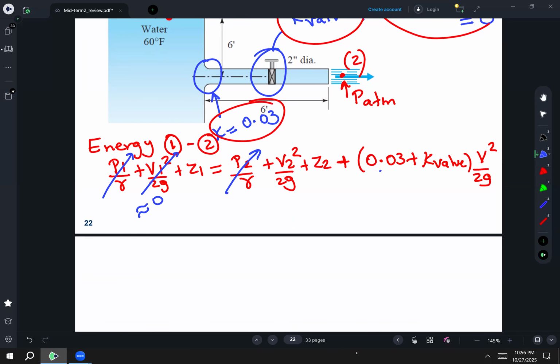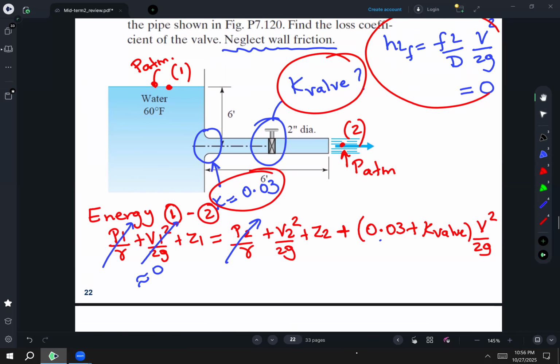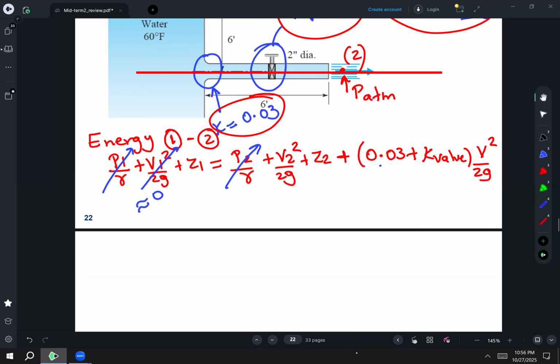And then we have elevation 1 and elevation 2. If we use as a reference this line, at the center line of the pipe, the elevation of 1 will be 6 feet and the elevation of 2 will be equal to 0. So we have z1 minus z2, that's going to be 6.